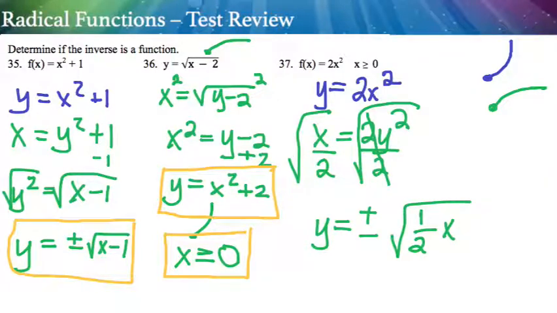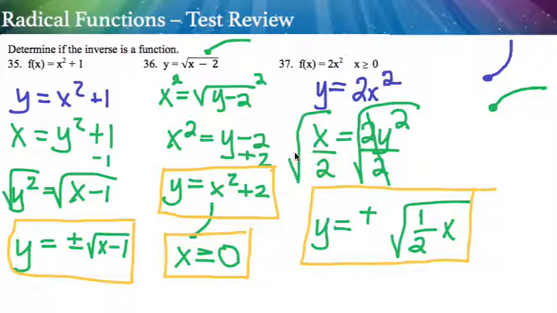And so what I'm going to do is go ahead and just erase it real quick. Okay, right there. I only want the plus side, and so my answer is y equals, you can say plus, or you don't even have to put the plus if you don't want to, but y equals the square root of 1/2 x. Okay, so that's it for finding the inverses of these functions.